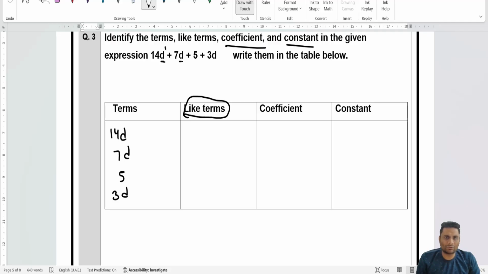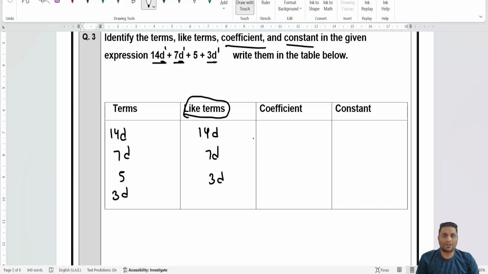The 7 also has the variable D, same variable, and again the power is 1. 5 does not have any variable, so we will not take it. D, same variable and same power. So 14D, 7D and 3D have the same variable and same power. So they are like terms.